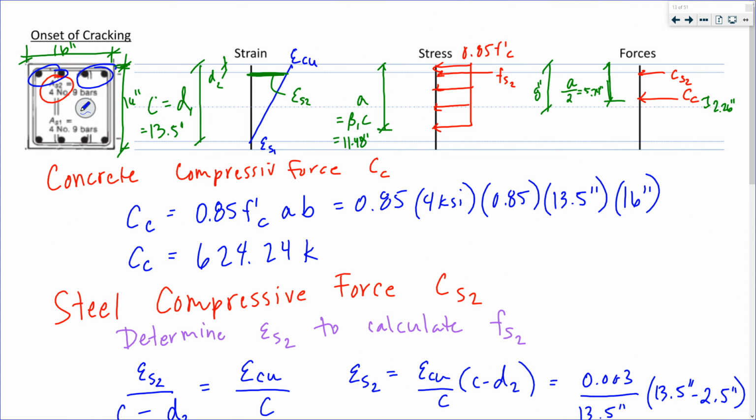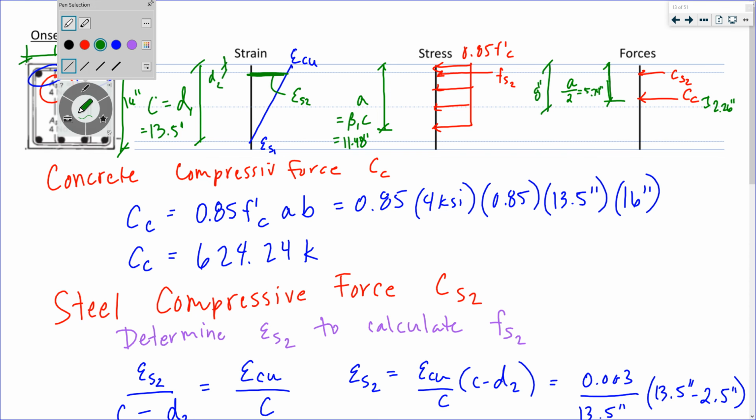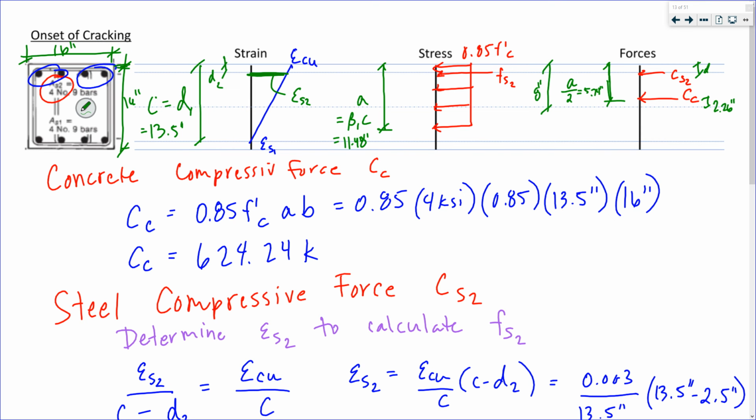This acts at, right, I'm taking it from the centroid. So this was at d2, which is 2.5 inches. So from the centroid, 8 inches minus 2.5 inches, so 5.5 inches.